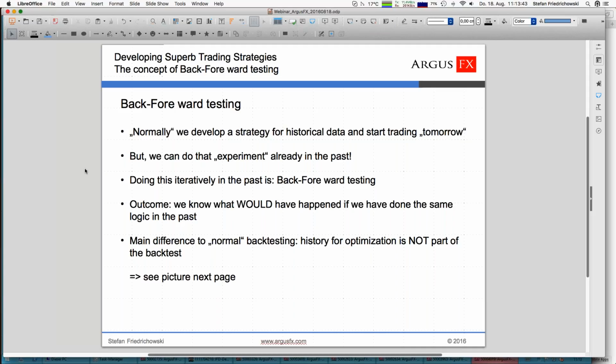So we can do our experiment already in the past, our trading experiment, and not only rely that we have a good strategy and then start trading tomorrow. So the main difference to normal backtesting is simply that the history for optimization is not really part of the backtest. Let me show what I mean.